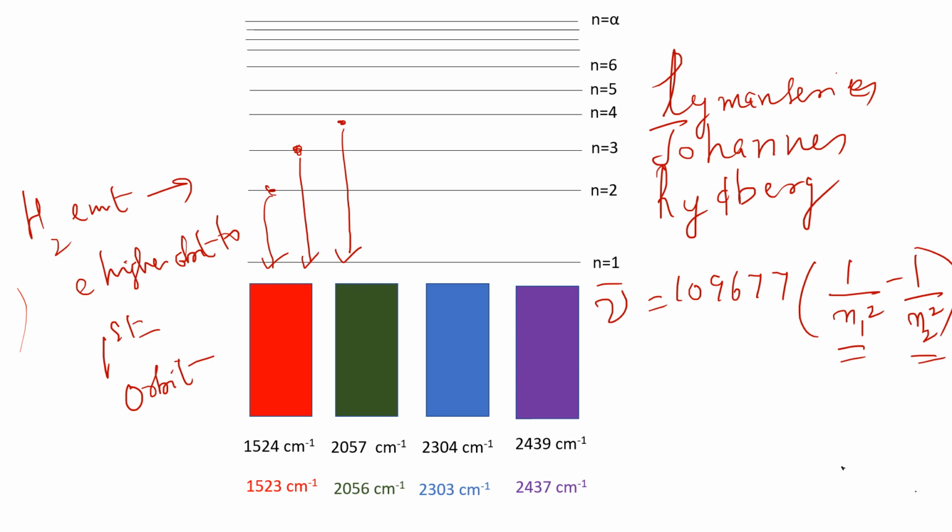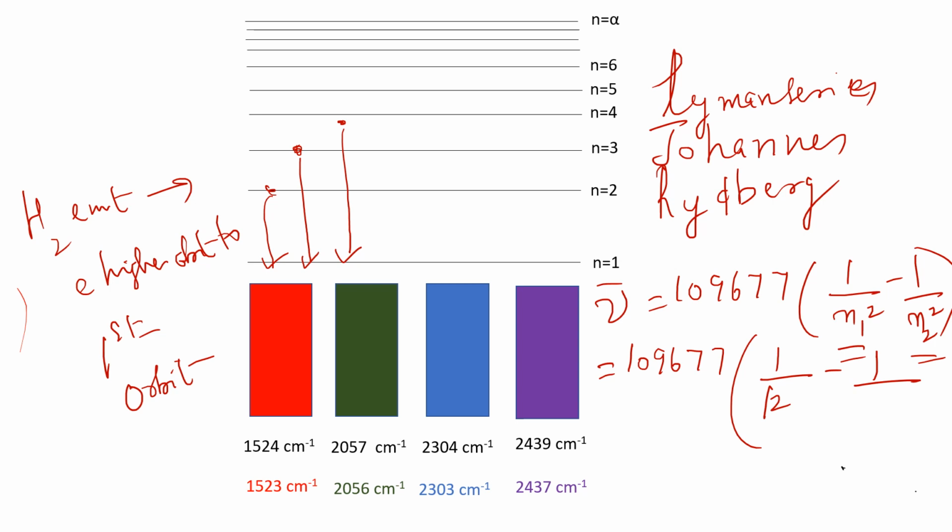So let us apply this to the Lyman series. In the Lyman series, the first electronic transition that can happen is when the electron falls from the second orbit to the first orbit. In that case, nu bar will be equal to 109677 into 1 divided by, the orbit to which the electron is falling is the first orbit, so it will be 1 by 1 squared minus 1 divided by the orbit from where it is falling.